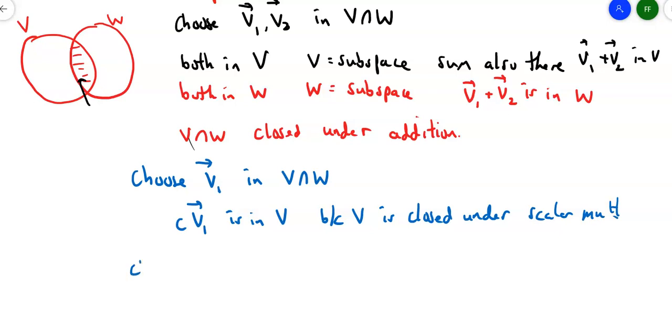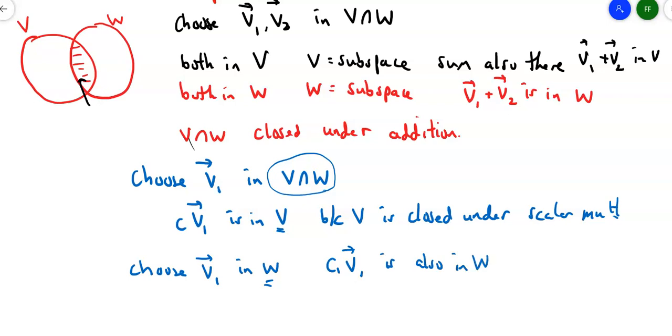And now let's choose V1 in W. How do I know that V1 is in W? Well, because it's in the intersection. So if it's in the intersection, it's in both V and in W. Oh, well then C1 V1 is also in W. So it's in V, it's also in W, therefore C1 V1 is in the intersection of V and W, therefore it's a subspace.